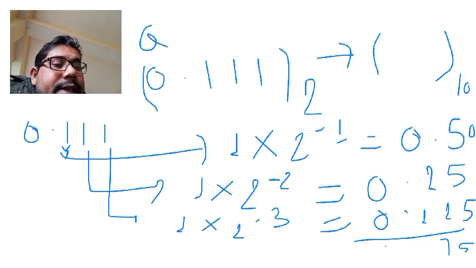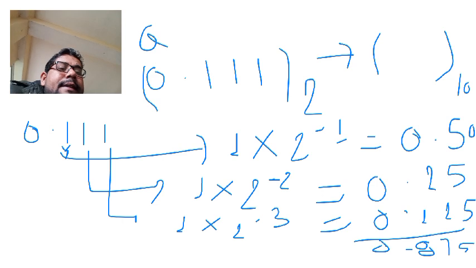So this we can write as 0.8. This is the decimal equivalent; in this way we can calculate the decimal equivalent.